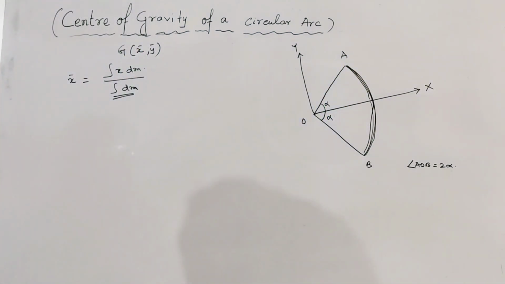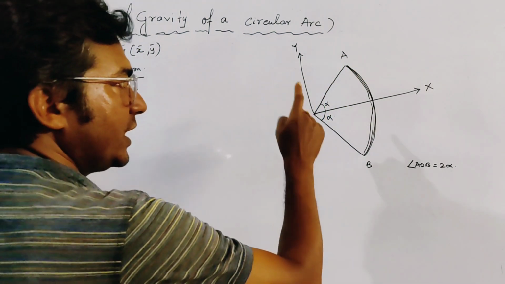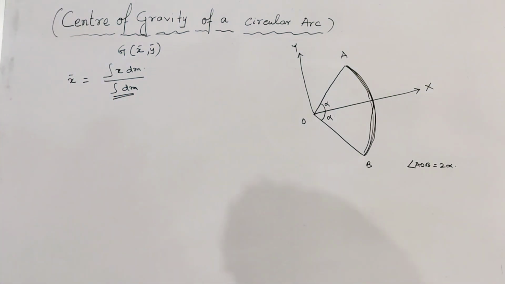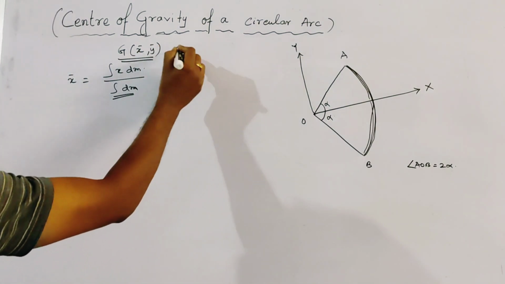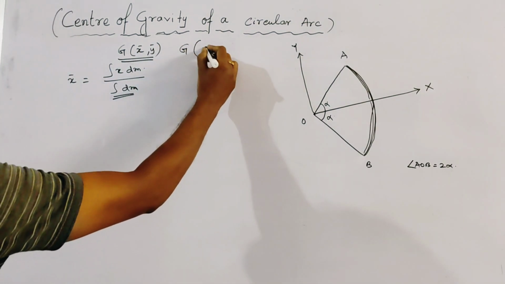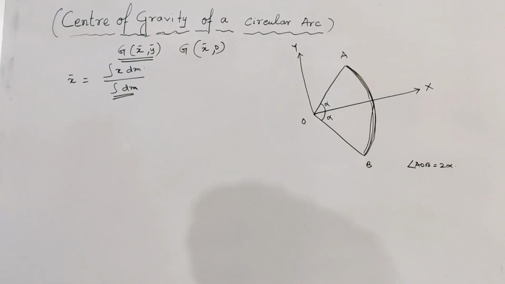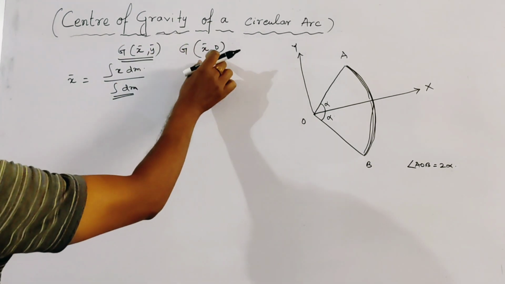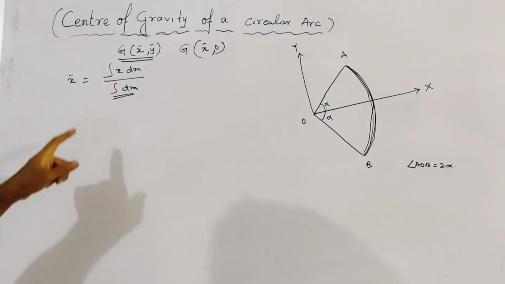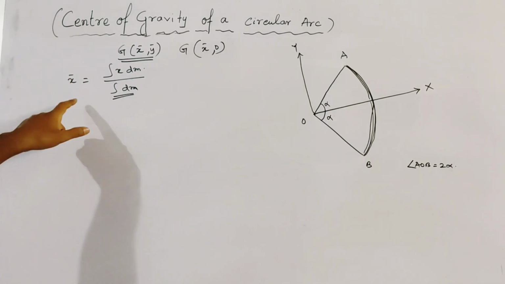So the coordinate of G is x bar comma 0. Now we have to find only x bar, and this is our only formula to find x bar.